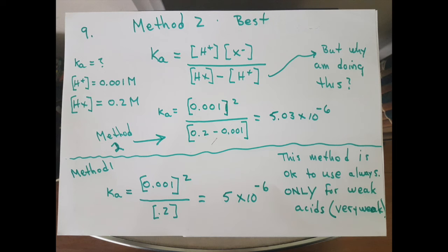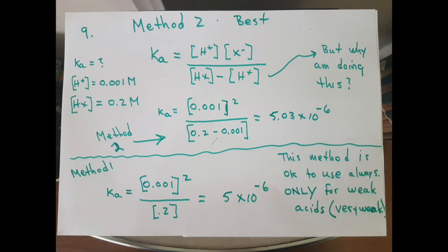Plug in 0.001 squared divided by 0.2 minus the 0.001, which is the H ion concentration, and you're going to get 5.03 times 10 to the negative 6. Understood? Make sure you get that on your calculator. Make sure you can do it. And then the method 1, which is the better method, I think. It's easy, and that's simply this.